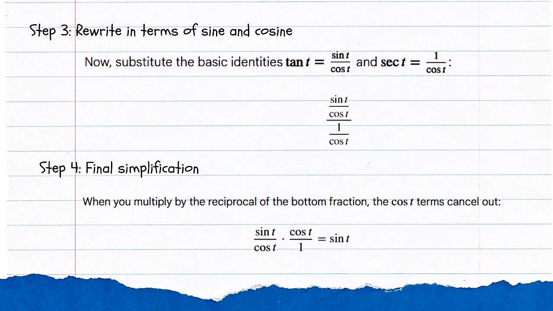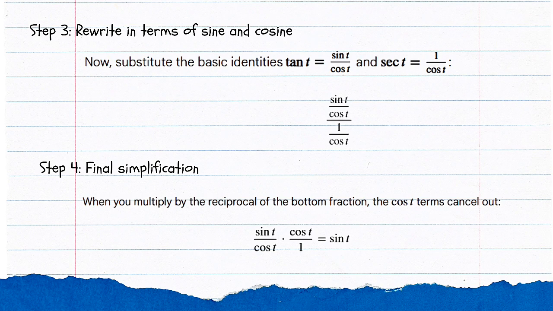Now, we substitute the basic identities. The quotient identity: tangent t is equal to sine t over cosine t. And secant t is equal to the reciprocal identity of 1 over cosine t. Our expression is now sine t over cosine t over 1 over cosine t.